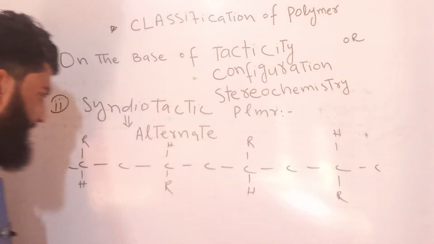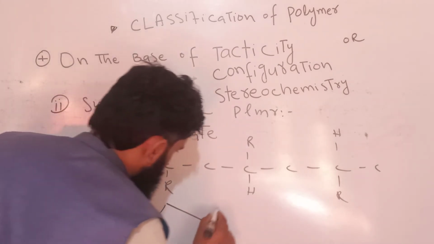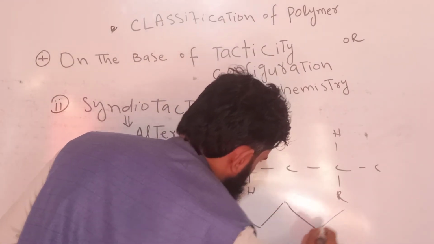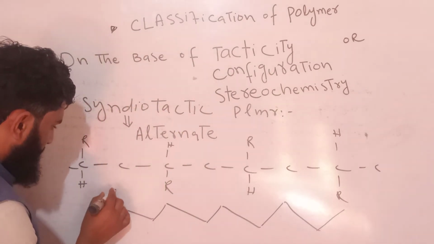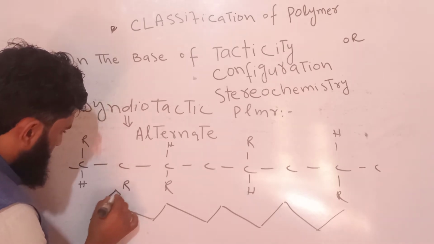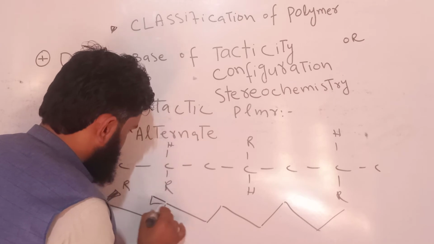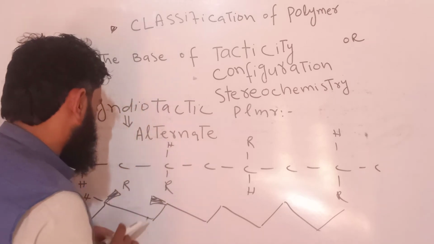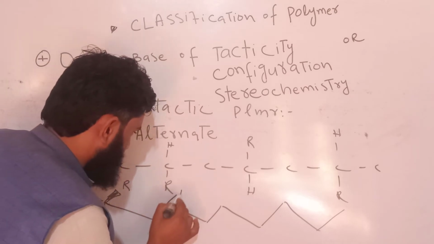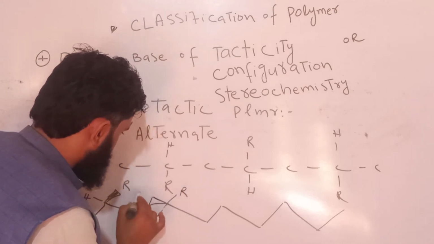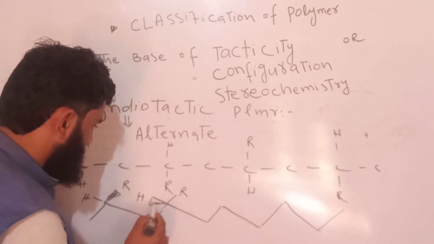Again we can write it as a three-dimensional structure. For example, if this is R and this is H, then here this is R, and then this is R and this is H.